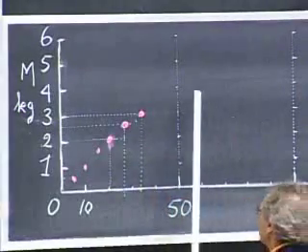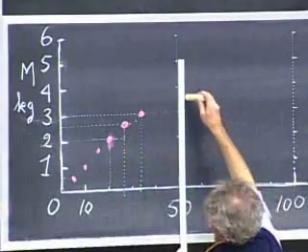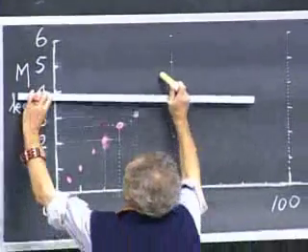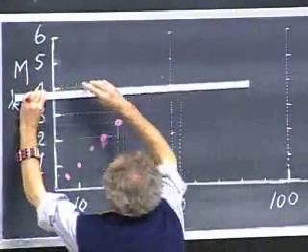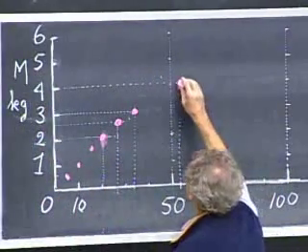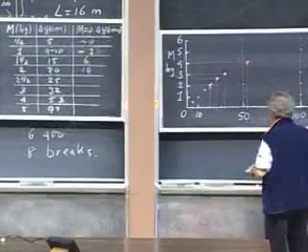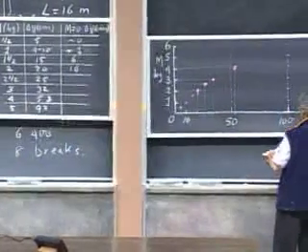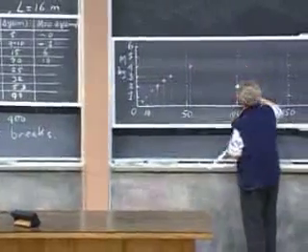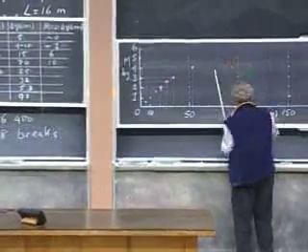At 4, we have 53. There's no question. And then at 5, we have 97. Here is 5. 97. That's here.